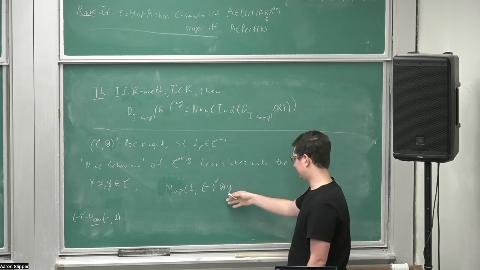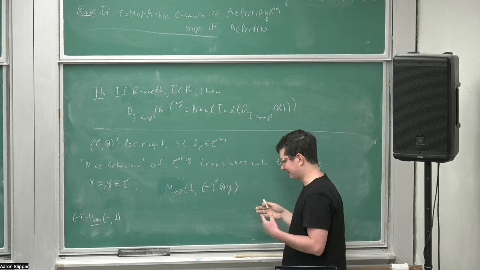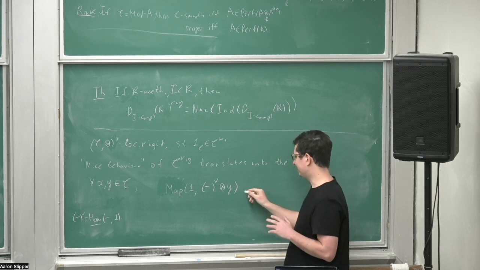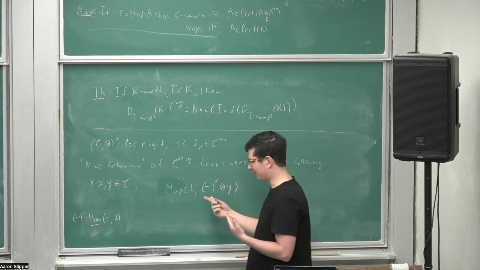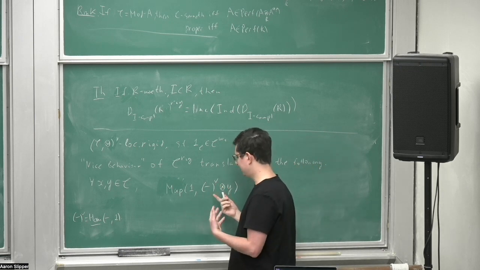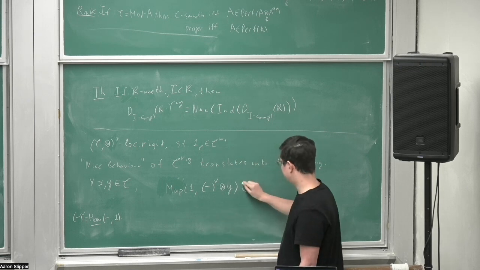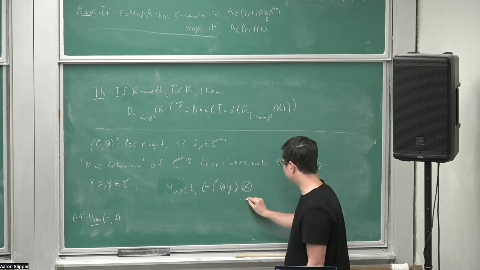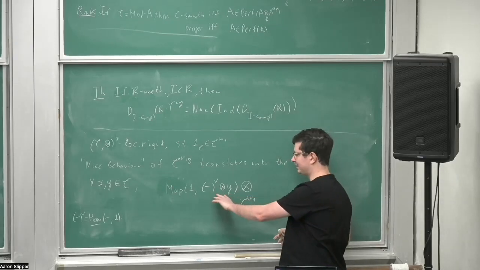Now it's slightly confusing: I'm considering a contravariant functor on C to spectra, but restricting this to C omega 1.